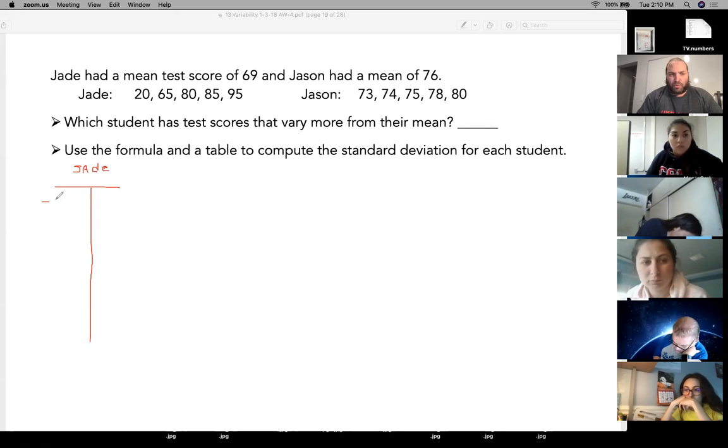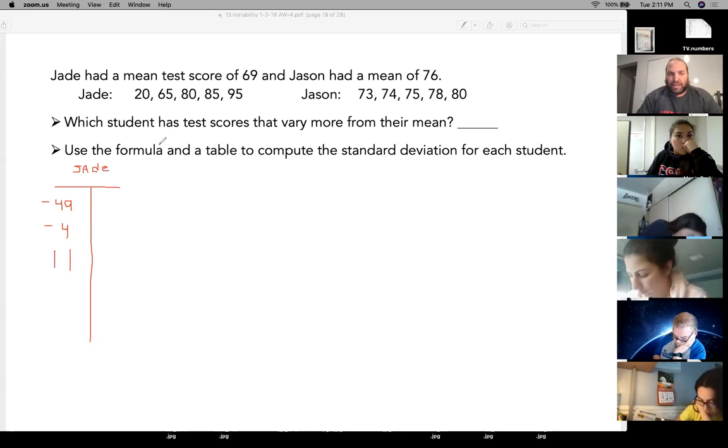It is 49 below, so the deviation is negative 49. How far is 65 from the mean? It is 4 below, so negative 4. How far is 80 from the mean? It is 11 above. How far is 85? It is 16 above. And 95 is 26 above. Those are what are called the deviations.